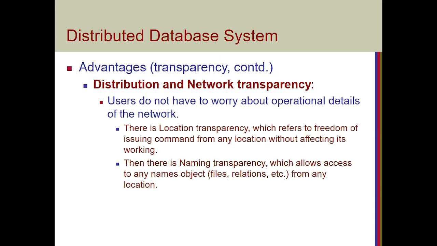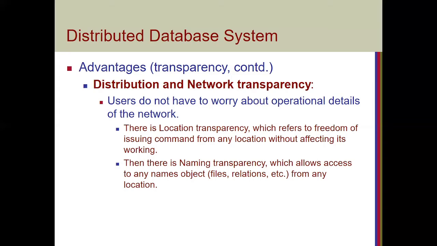Access transparency, migration transparency, allocation transparency, naming, all these forms of transparency are very crucial when we talk about any given distributed system. And in this case, we're talking about a database. So in network transparency, users do not have to worry about these details. I've always mentioned this. Users do not need to worry.